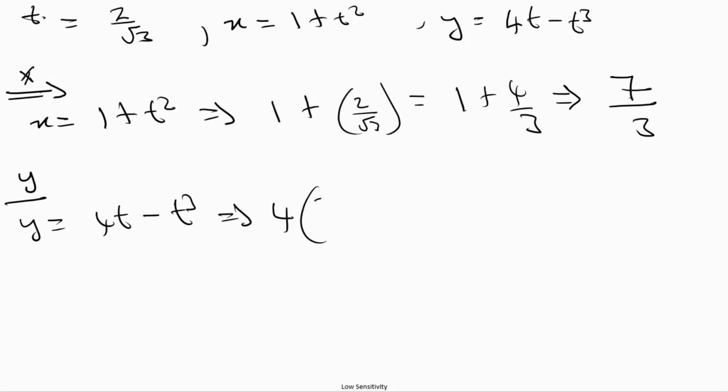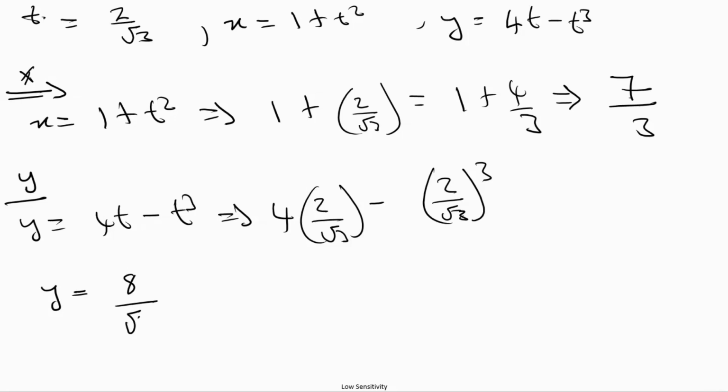We can now do this for y, which is y equals 4t minus t cubed, which is 4 times 2 over square root of 3, minus 2 over square root of 3 cubed. So y is 8 over square root of 3 minus 2 cubed, which is 8, over square root of 3 to the power 3, which is 3 root 3.